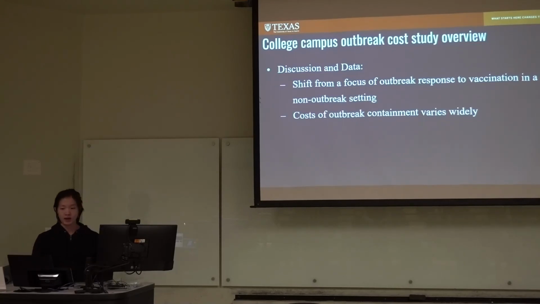However, the cost of an outbreak does vary widely, from $50,000 to almost $650,000, because of campus population size, the size of the targeted population, whether or not the local or federal government provides aid, and whether or not there is in-house support and volunteers. All those will really affect that cost.